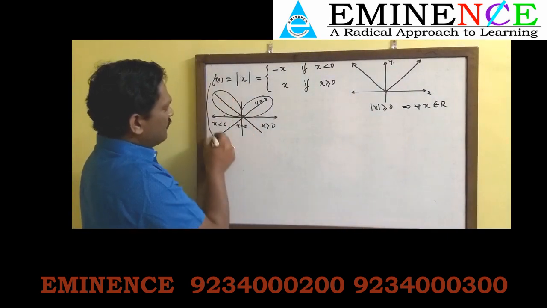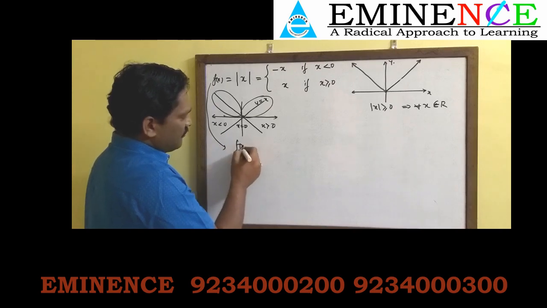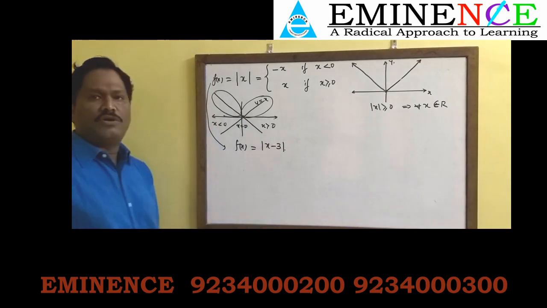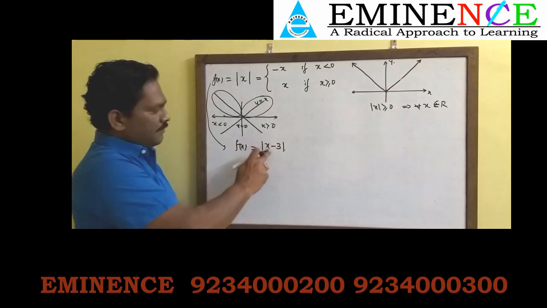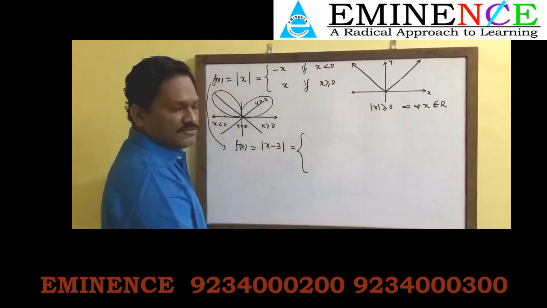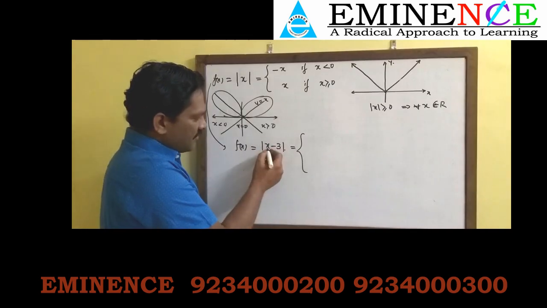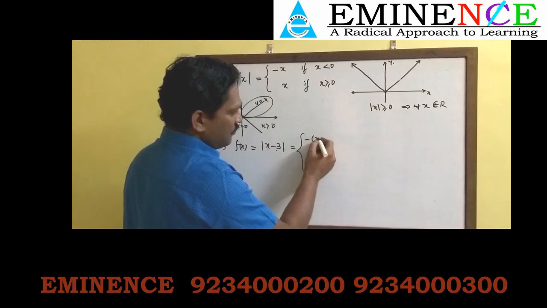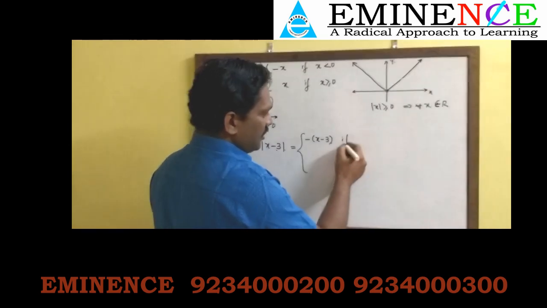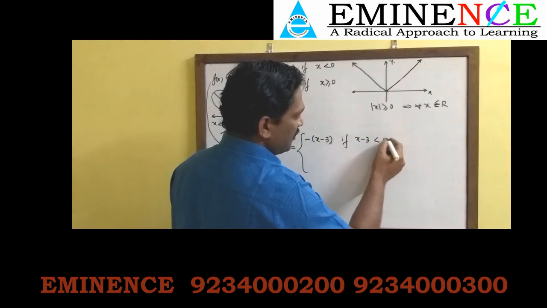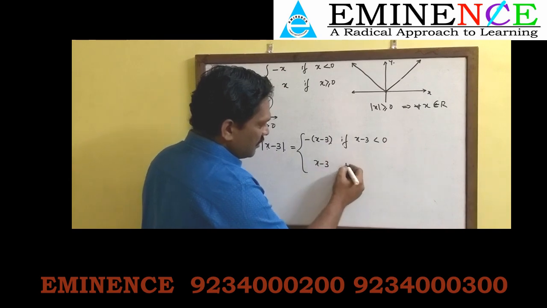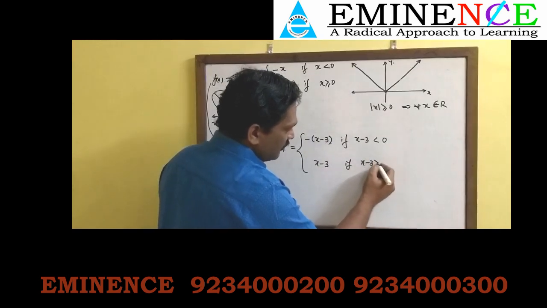Now, if I try to define, say, f(x) is equal to modulus of x minus 3, if I want to define this. See, in place of x, what I have written here is x minus 3. So, in the primary definition, you just need to write minus of (x minus 3) if x minus 3 is negative, and it will be x minus 3 if x minus 3 is positive.